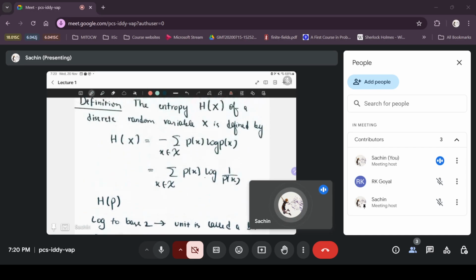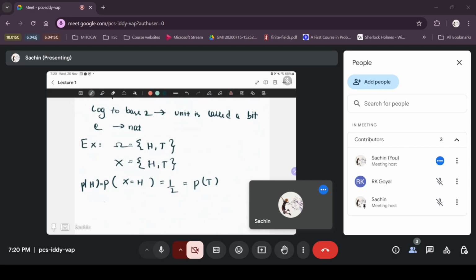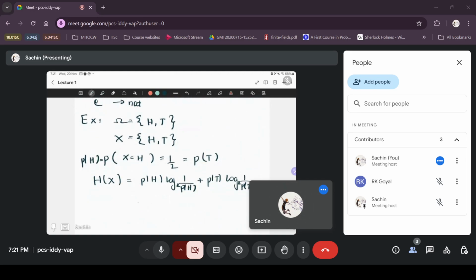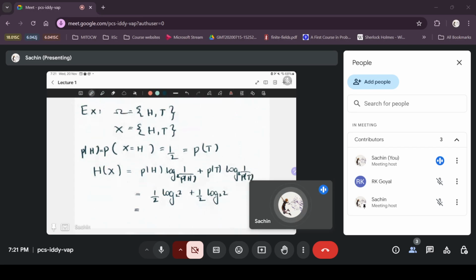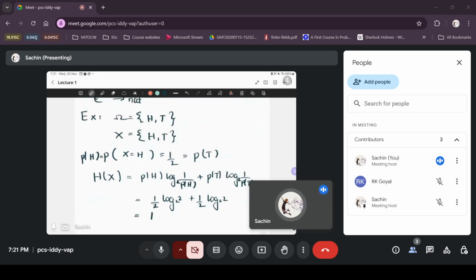So the entropy of this random variable, H of X, is p of h log 1 over p of h plus p of t log 1 over p of t. If I take the log to base 2, it will be half log 2 to base 2 plus half log 2 to base 2. And log 2 to base 2 is 1. So it will be half plus half, which will be 1.